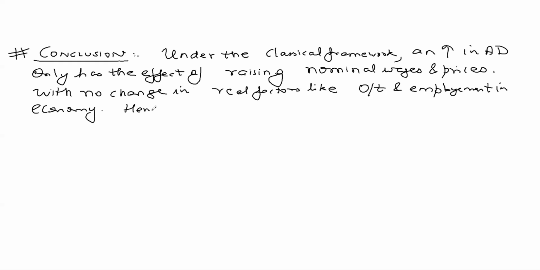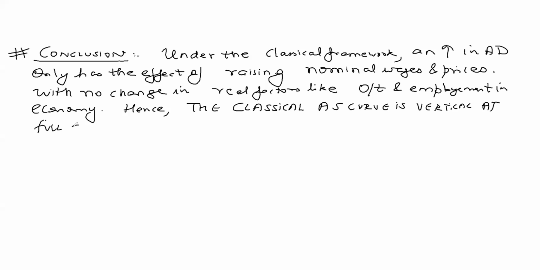Hence, the classical aggregate supply curve, the classical AS curve, is vertical at the full employment level of output.